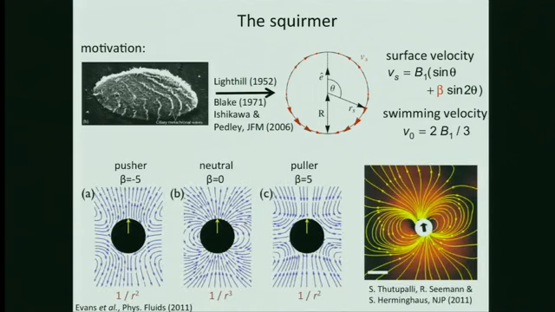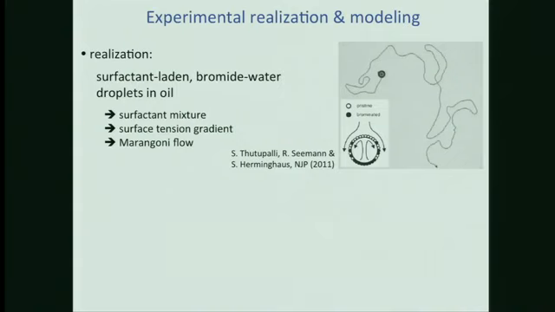So this is how it looks like. For beta equals 0, you have a neutral swimmer. The flow field decays with 1 over r to the third. What we already heard, that maybe the far field is not so important for collective motion. And then for beta negative or beta positive, you get either a pusher or a puller, which are very familiar terms to you.